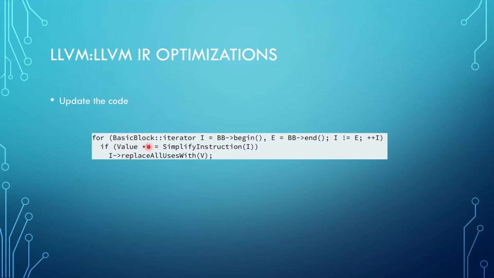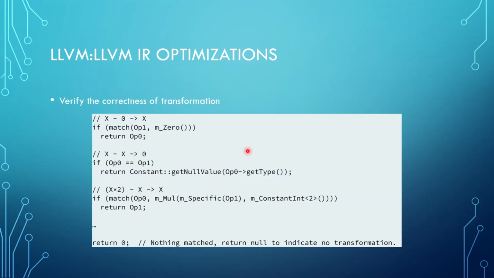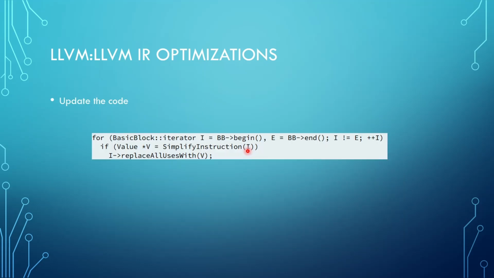I already mentioned that IR is a sequence of functions, and each of the functions is organized as a CFG of basic blocks. CFG is control flow graph, and each basic block is a sequence of instructions. For each of the instructions, we call simplifyInstruction, which calls these checks depending on the operator.